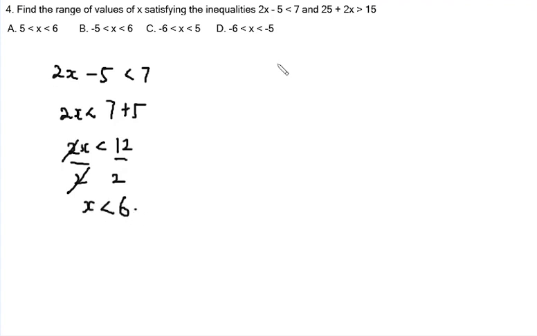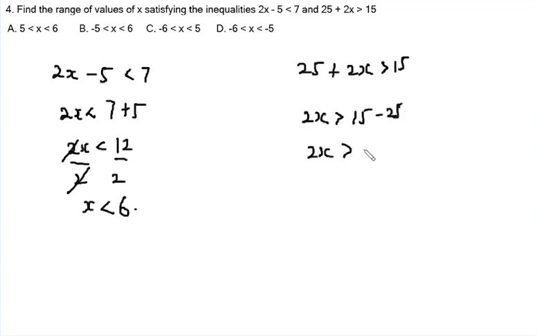For the second inequality, we have 25 plus 2x greater than 15. Moving 25 to the other side, 2x is greater than 15 minus 25, which is minus 10. Dividing both sides by 2, you have x is greater than minus 5.